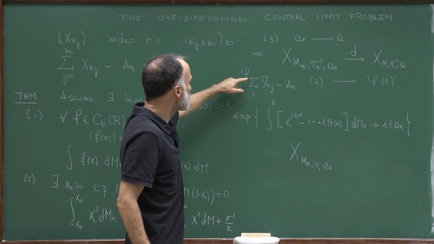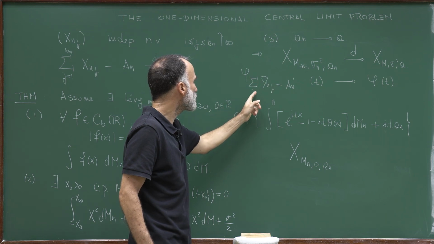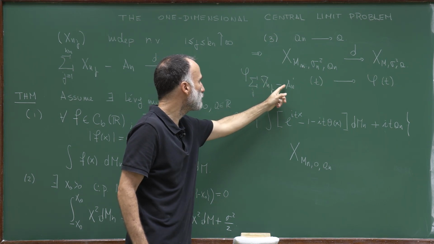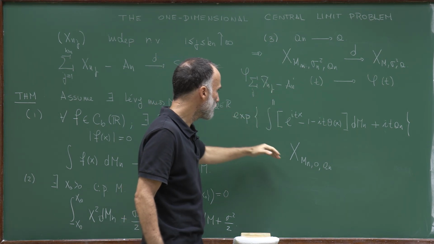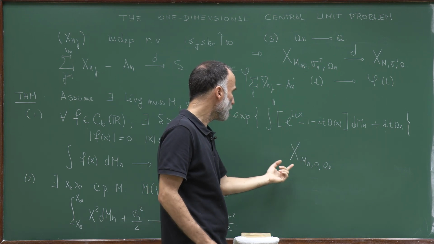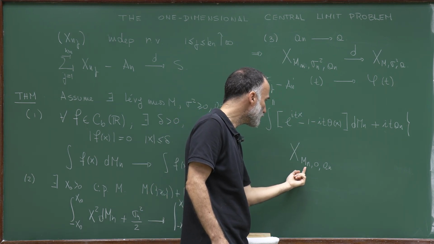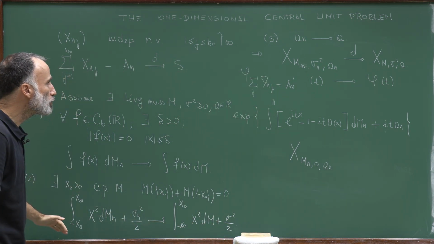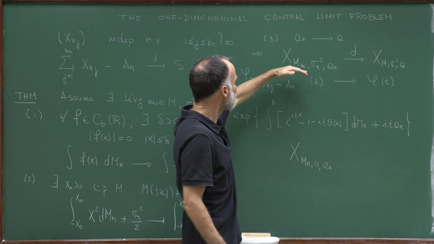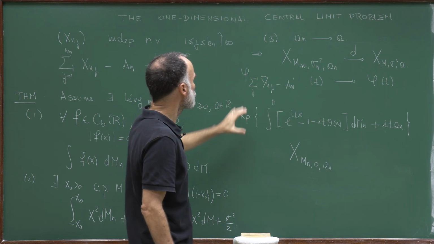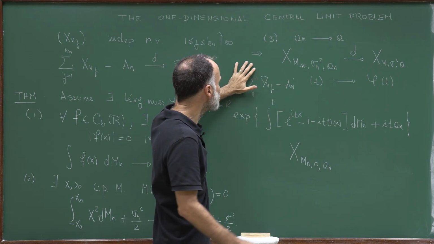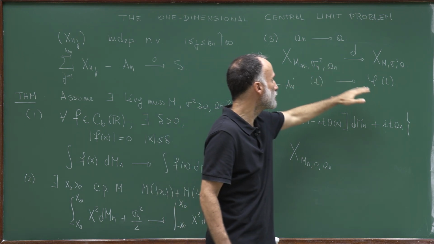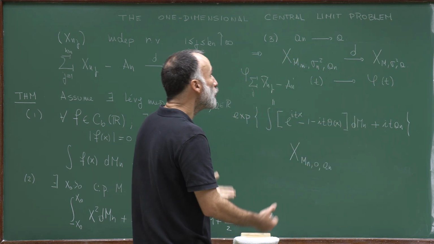Right? The distribution of the sequence, the sum of y tilde nj minus an, can be represented by one Levy measure mn and constant an. So we have here sufficient conditions which guarantee that this sequence of random variables converges in distribution to a known distribution.